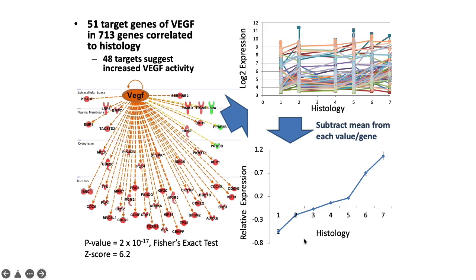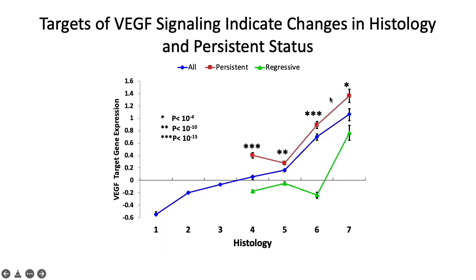And again, we might be able to use this as a biomarker in that if your VEGF levels are high, that's not a good sign. You're probably going to get cancer. And we could probably use differences in concentrations to make clinical diagnostics, right? Right here, if you're at stage 4 histology of your lesion and you have high VEGF levels, not good.